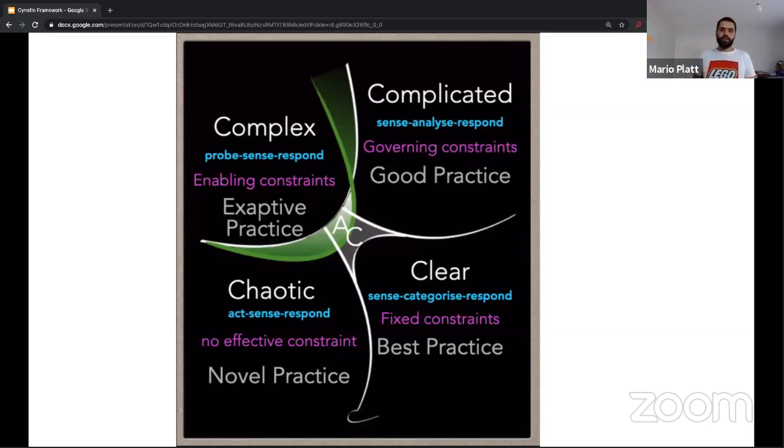So let's start with the domain in the middle, which is AC, aware and confused. It used to be called disorder up to, I think, 2 or 3 months ago, but it's now been updated and I'm using the new terminology. So now we have a clear separation between being aware, which implies legitimate confusion, which allows for transition.